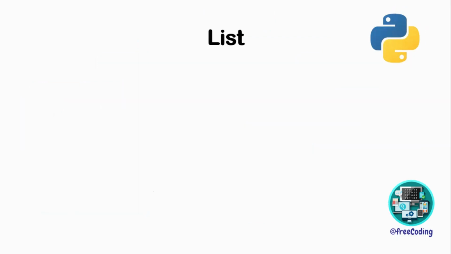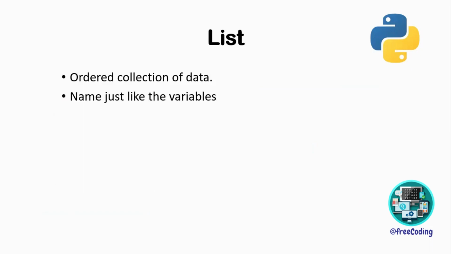So starting off with list, it's also called a large variable, where you could store a lot of data, multiple data here. It's simply called an ordered collection of data, which means it has a collection of data, collection of elements or collection of items, and it's going to be in an ordered format.